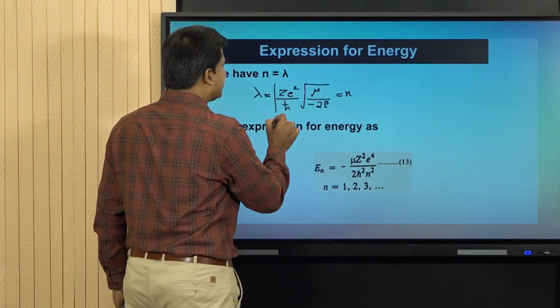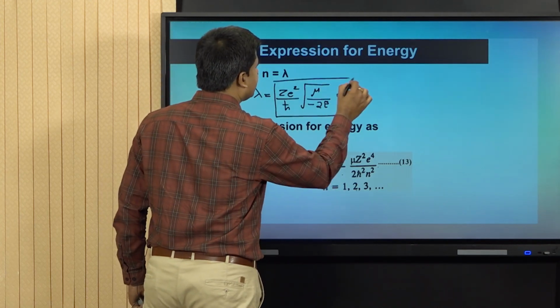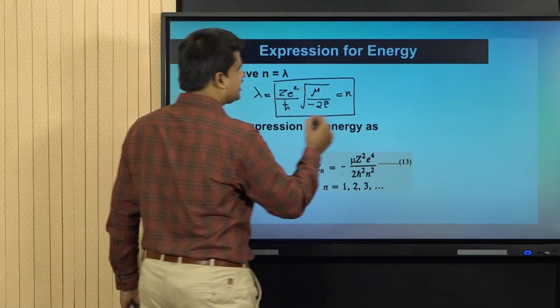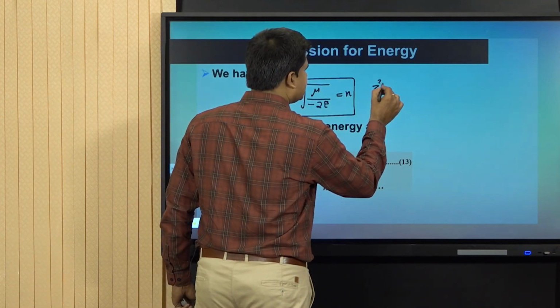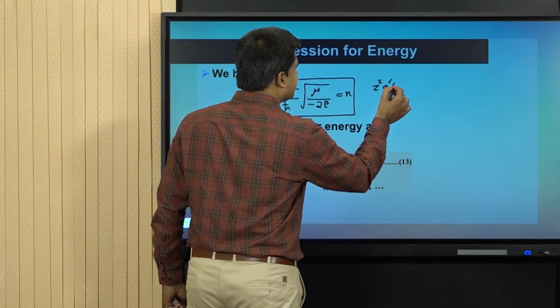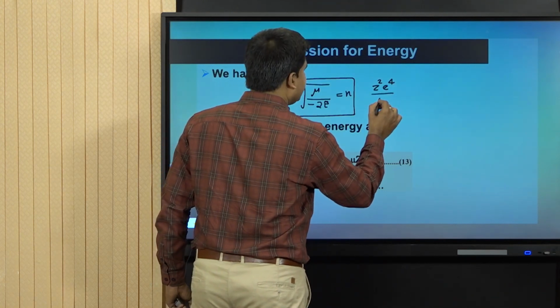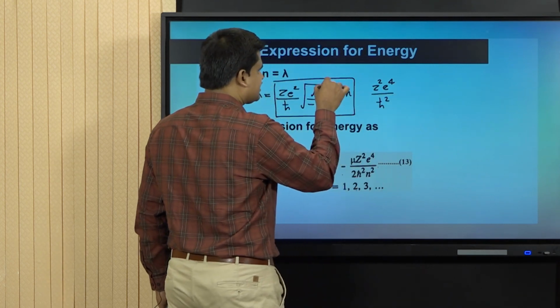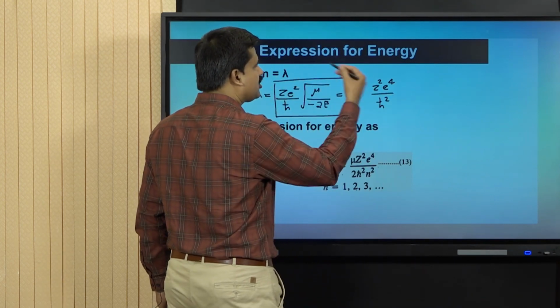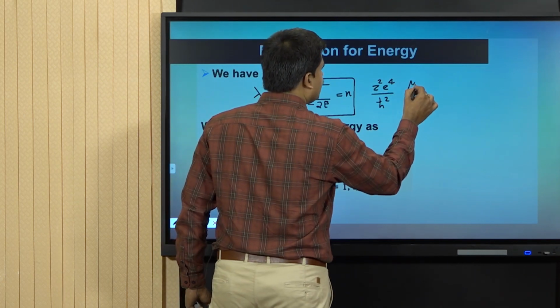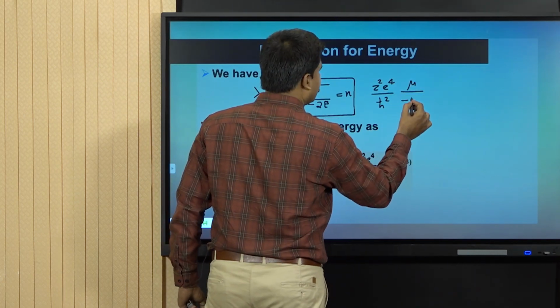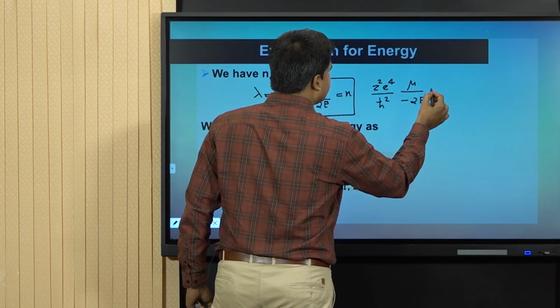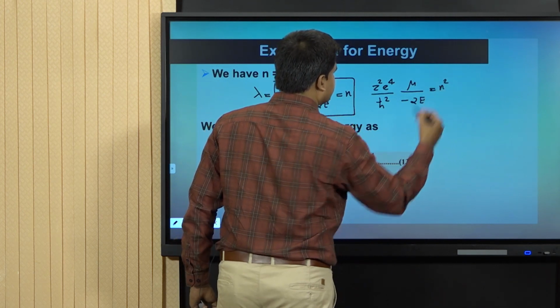Therefore, we can take the square of the right hand side. That implies Z square e raised to 4 by h cross square, and taking the square of the square root term, the root will vanish, into mu divided by minus 2E equal to n square.